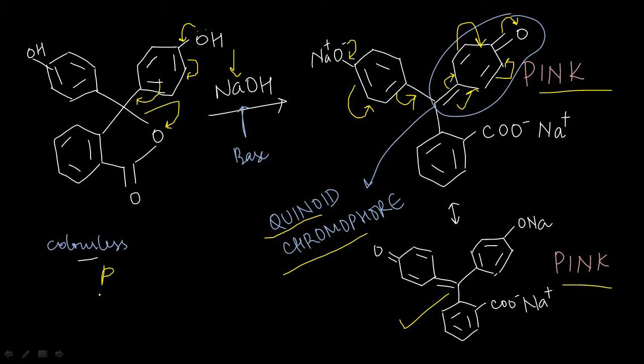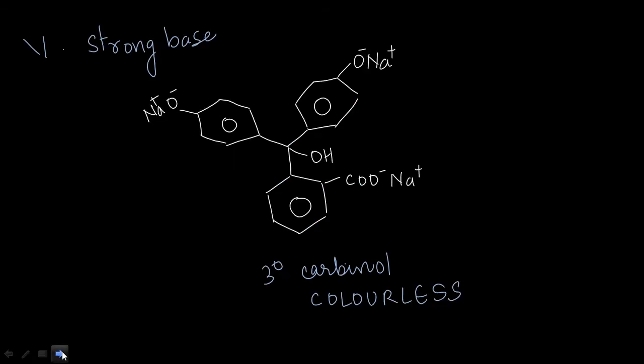So this is an indicator used in acid-base titrations. Now in very strong base, when the base is very strong, what happens is we have a 3-degree carbinol and it is colorless. So this indicator, or dye, also has a range. It has a good range actually, 3 to 7.